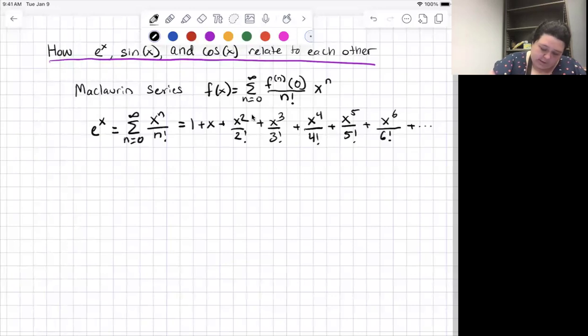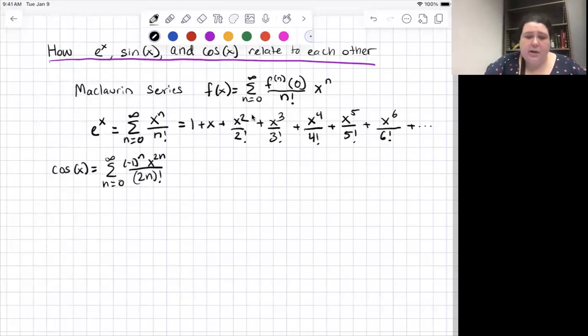If I do the same for, say, cosine of x, I end up getting something that looks a little bit more complicated in the beginning, but when we write out the terms, we're going to see that it actually isn't too complicated at all. We get alternating signs, so negative 1 to the n, x to the 2n, all over 2n factorial.